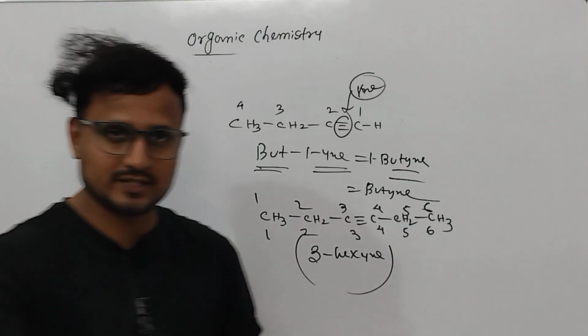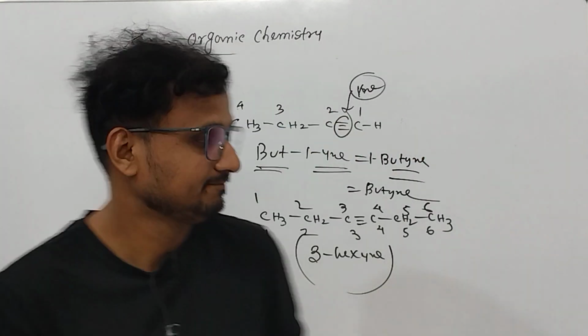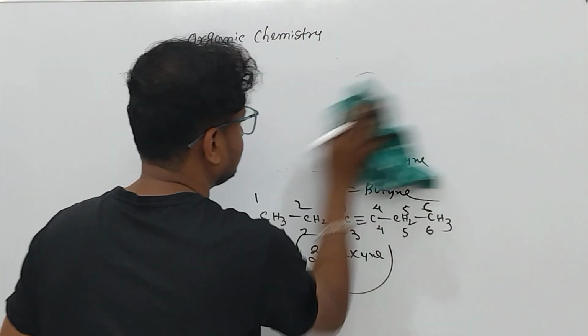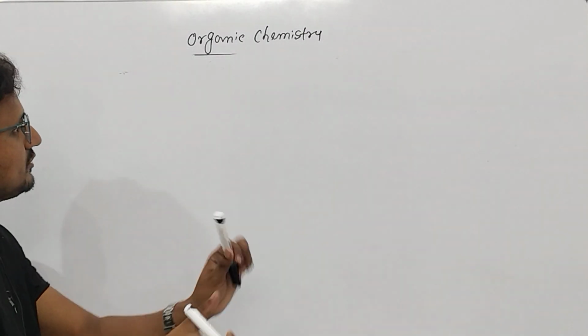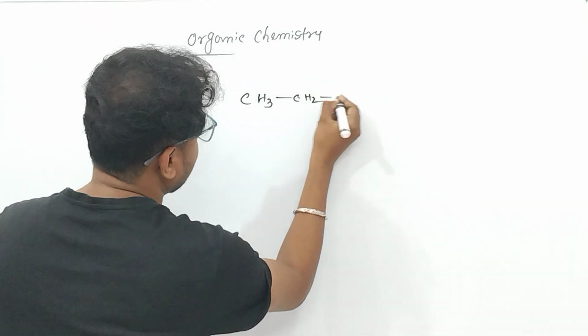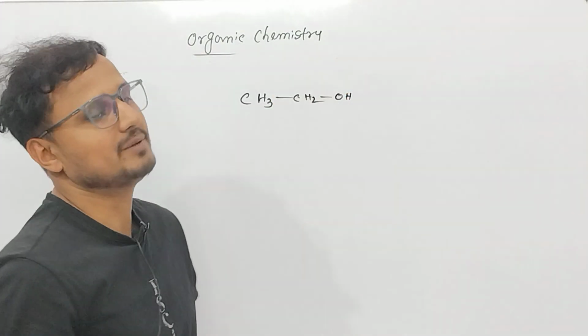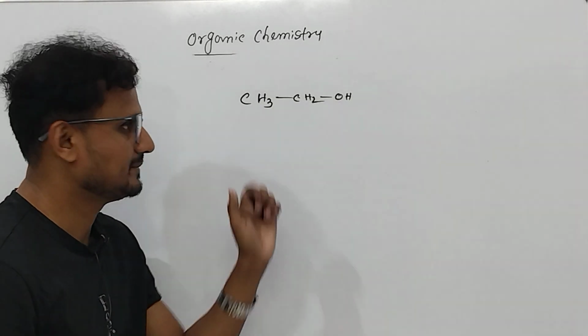Now let us approach with the functional groups. Now the functional groups are like this. Suppose you have this. Already we know the common name of this compound. This is ethyl alcohol, right? But we haven't learned the IUPAC name.